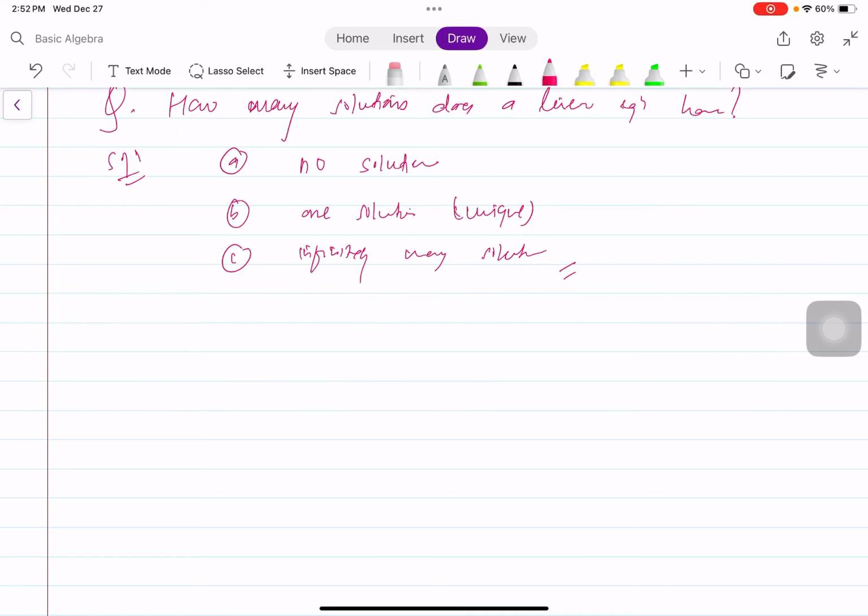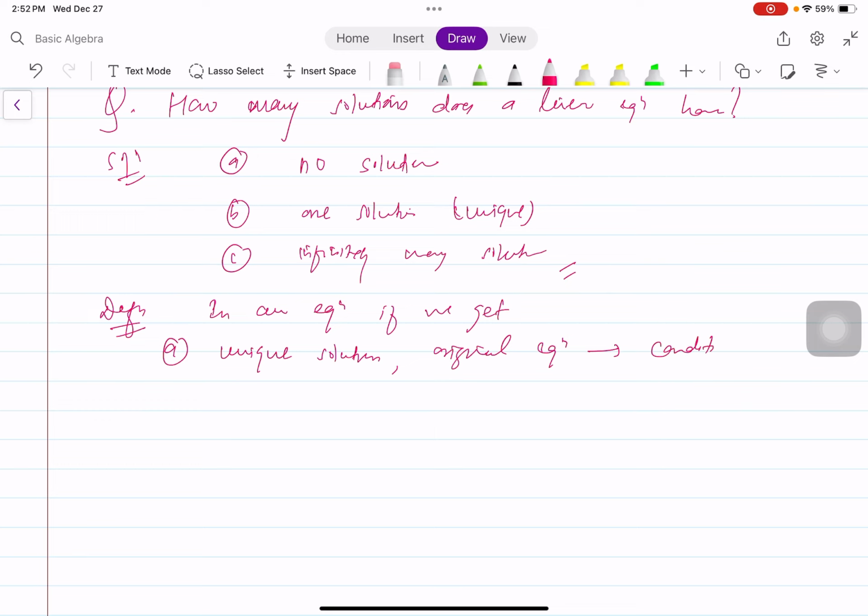Now let's solve a few problems. These couple of problems are very easy. Okay, before solving that, let's discuss another definition. In any equation, if we get a unique solution, then the original equation is called a conditional equation.